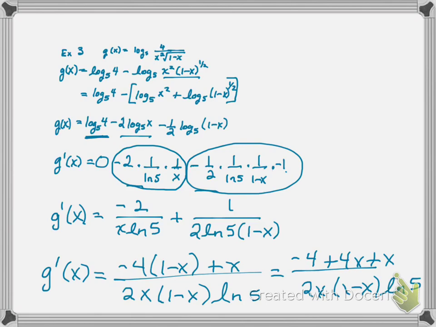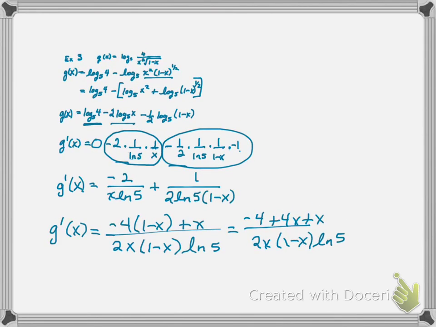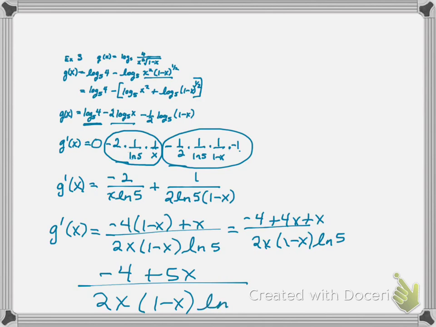Typically they'll leave denominators in factored form a lot of the time. And so one more step, putting those common terms together in the numerator, I would have negative 4 plus 5x all over my common denominator, which is 2x times 1 minus x times ln 5.